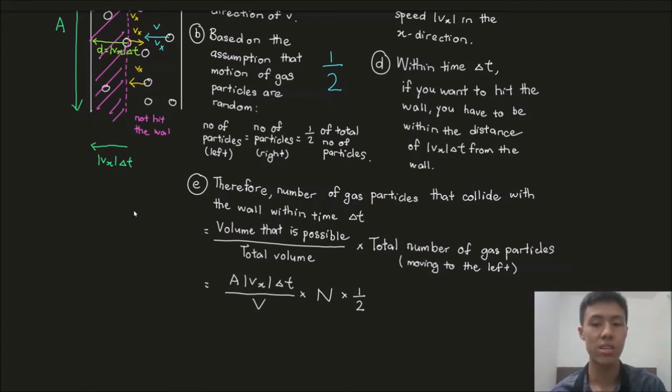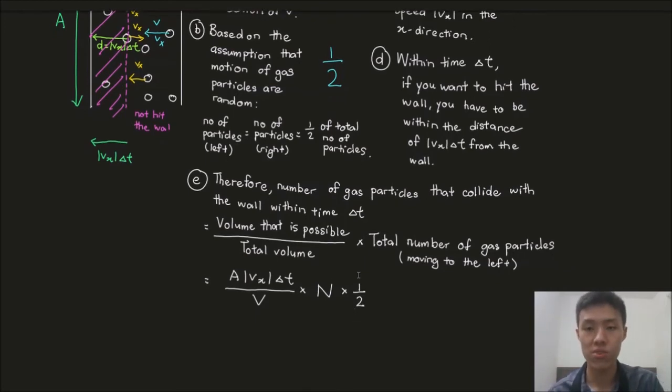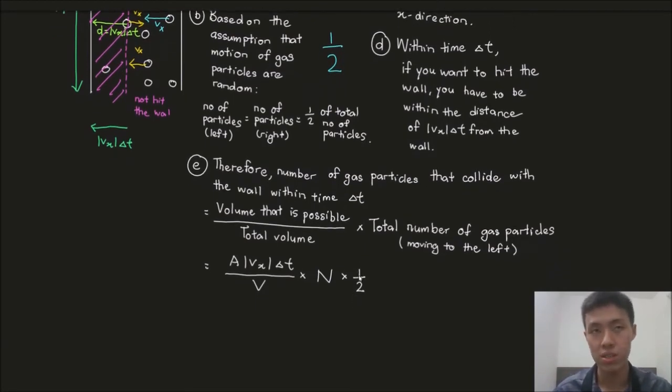wall right now. So taking this total number of gas particles, you multiply by the pink volume divided by the total volume, and you are able to find the proportion. This proportion times the total, you find the number of particles that will be colliding with the left wall right now. So let me rearrange this equation a bit.